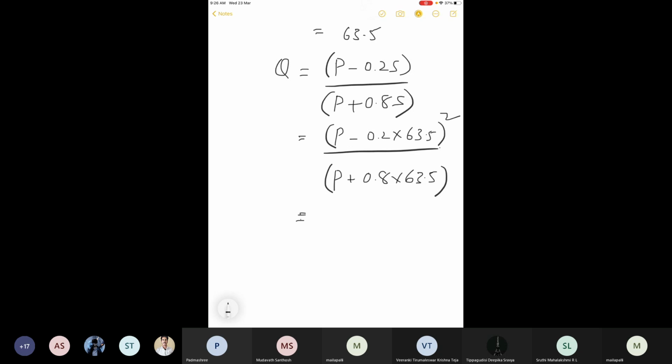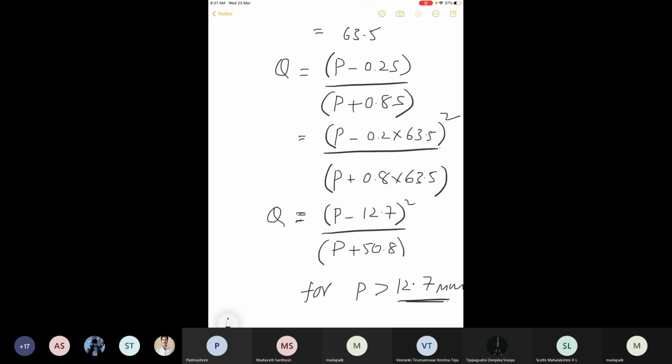So now the Q value is (P − 12.7)² divided by (P + 50.8). Runoff will be generated when the precipitation is greater than 12.7 mm.